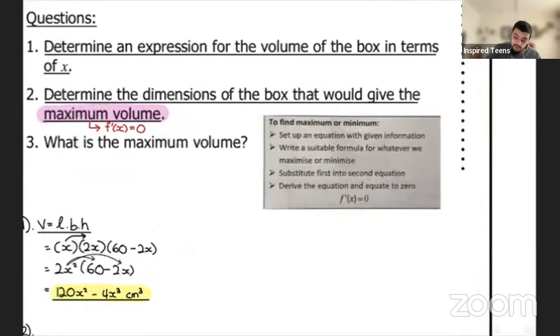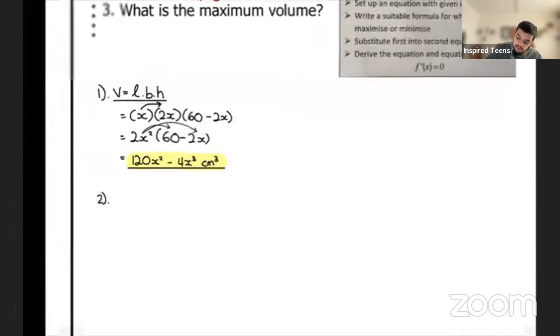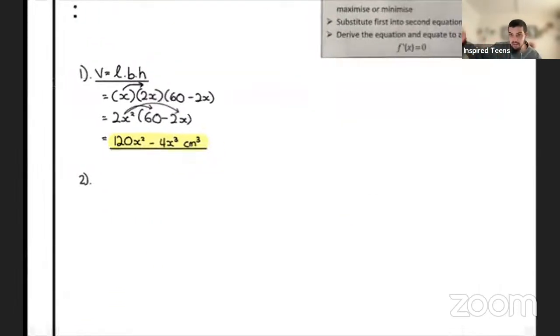So that's what we did in the first one. Well, not exactly, but we determined the expression by multiplying the length, breadth, and height. We got an expression. This is an expression for the volume.